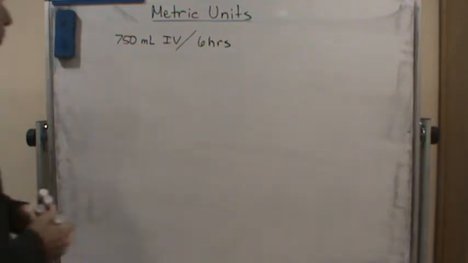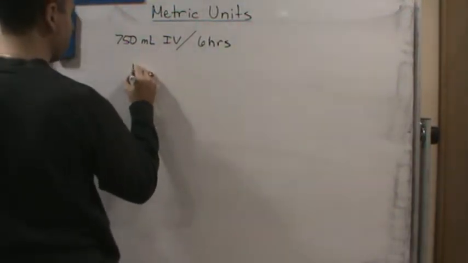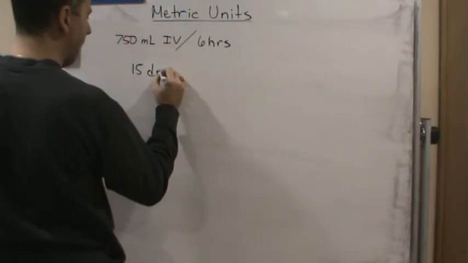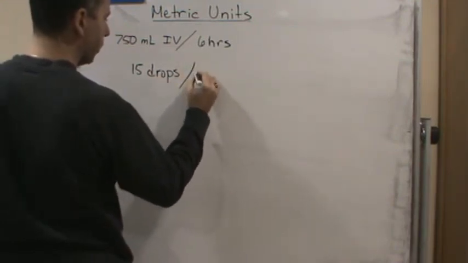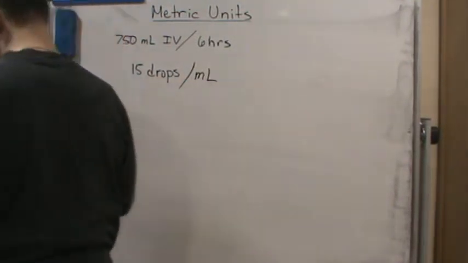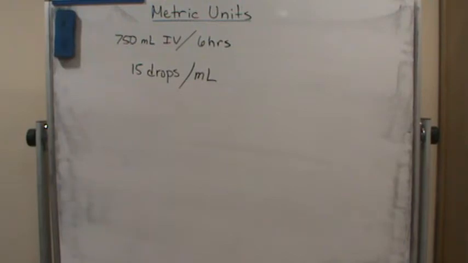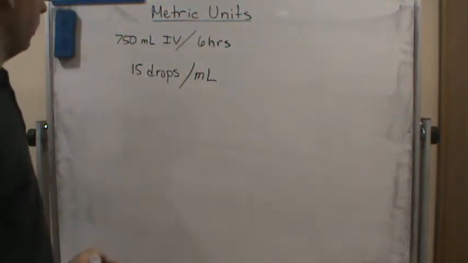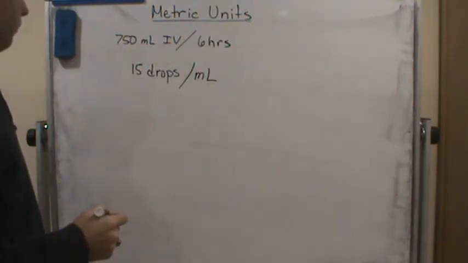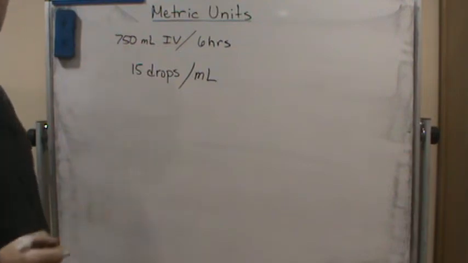So we know that the drop factor is 15 drops per milliliter. So now we've got to just change this to drops per minute.